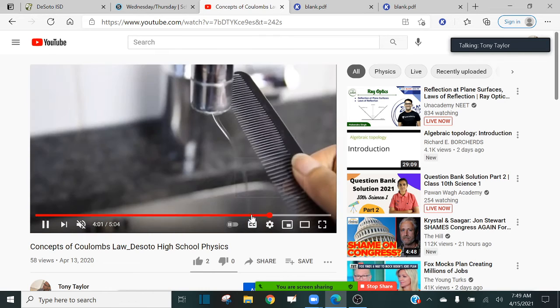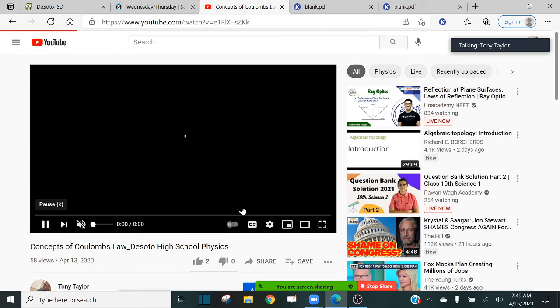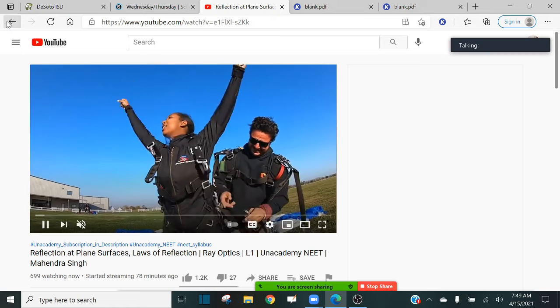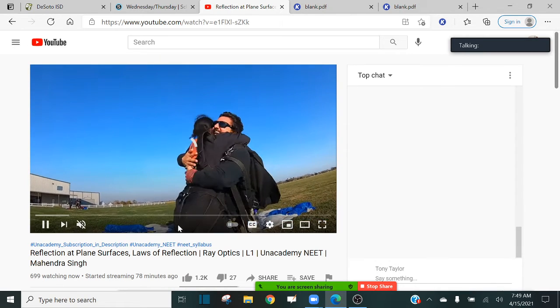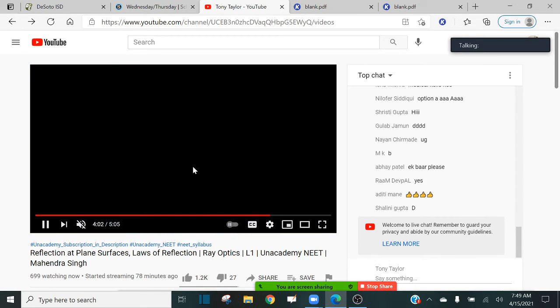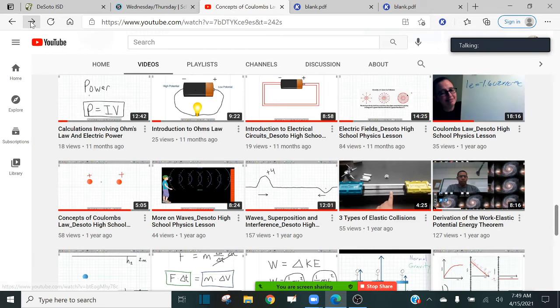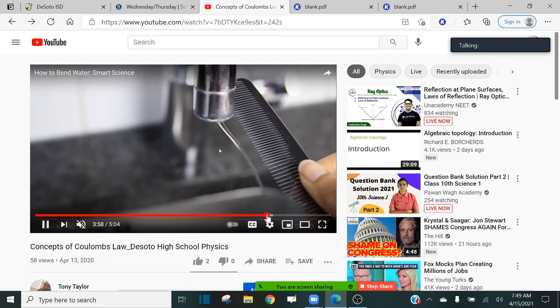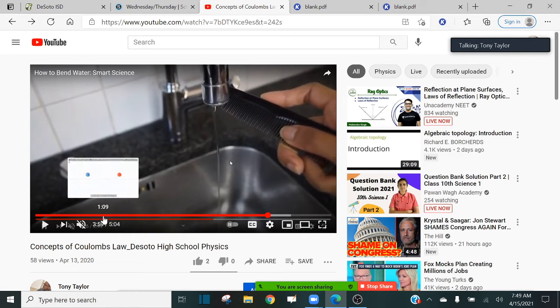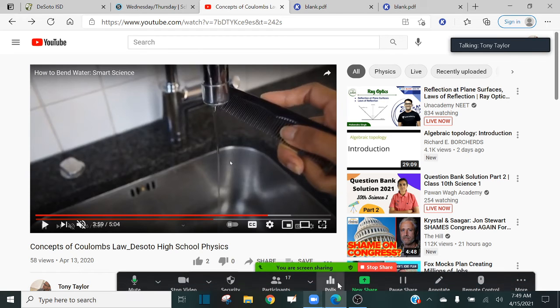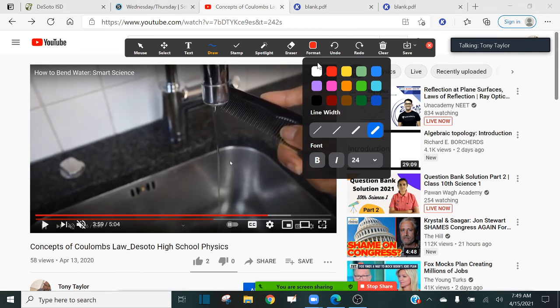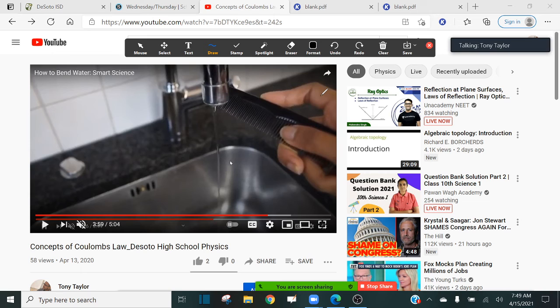So since the comb has an overall negative charge, that's what's going to happen. When she placed the comb next to the water, it bends because the comb now has an overall negative charge.